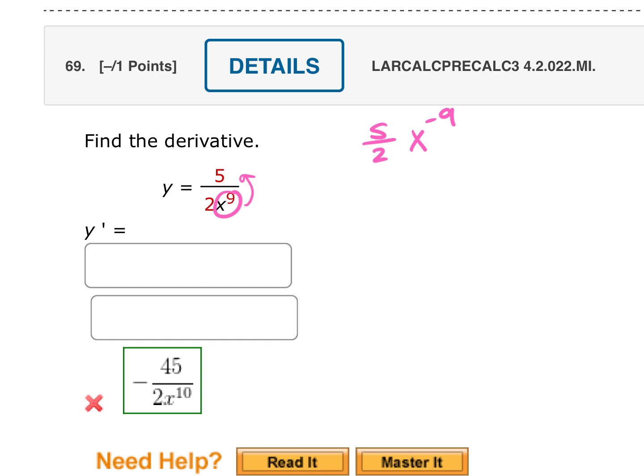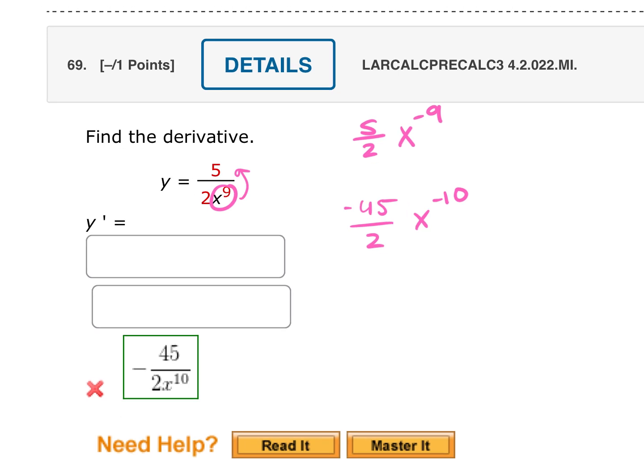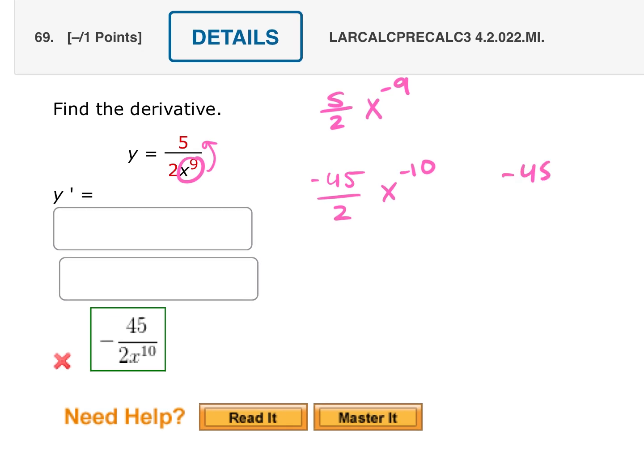If you're more comfortable doing the quotient rule, just do the quotient rule. It'll work out to be the same thing. Here we would get negative 45 over 2 times x to the power of negative 10. So then don't forget to move it back to the bottom, but your answer choices would be with it on the bottom anyways. So it'd be negative 45 over 2 times x to the 10th power.